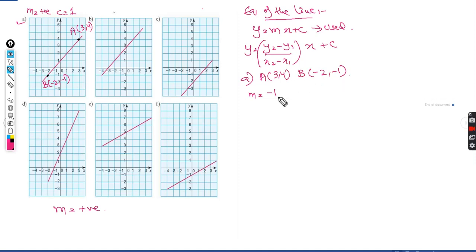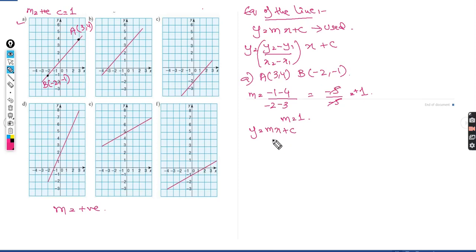So y2 is -1 and y1 is 4, so y2 minus y1 over x2, which is -2, minus x1, which is 3. When we do this, we get -5 over -5. When we cancel it, we get +1. So our gradient m equals 1. Now we will put it in the formula y equals mx plus c.